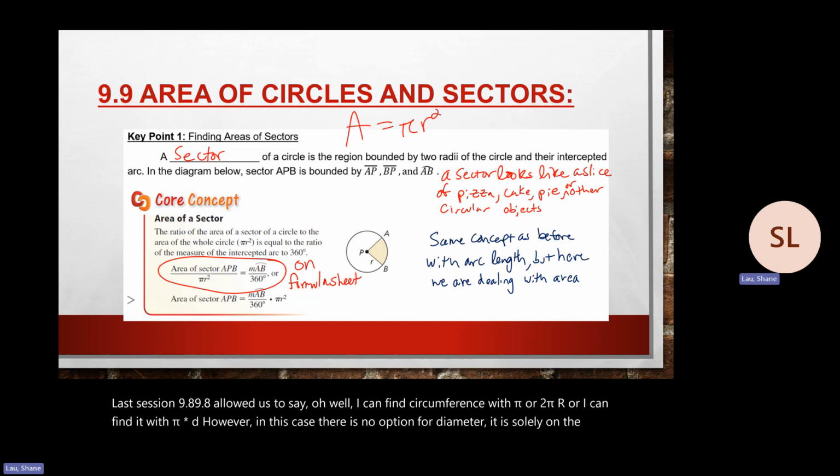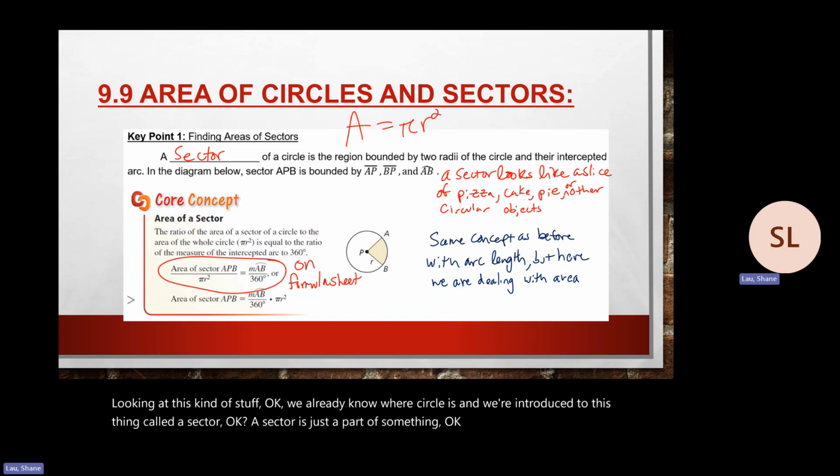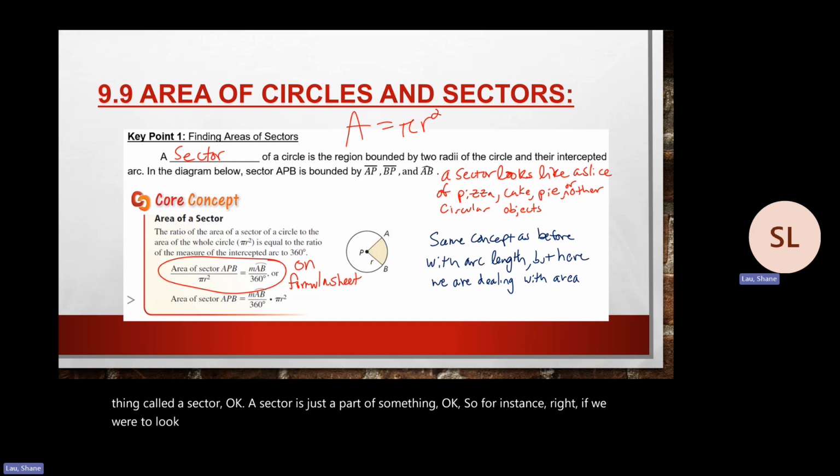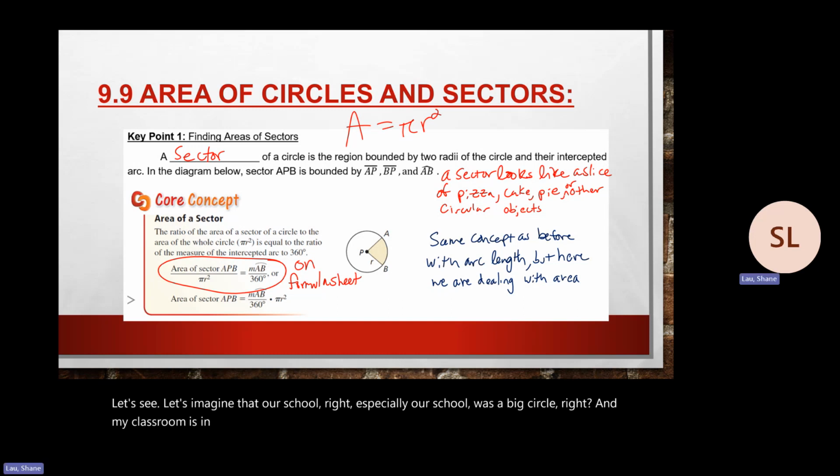We already know what a circle is, and we're introduced to this thing called a sector. A sector is just a part of something. For instance, let's imagine our school was a big circle, and my classroom is in the C block.